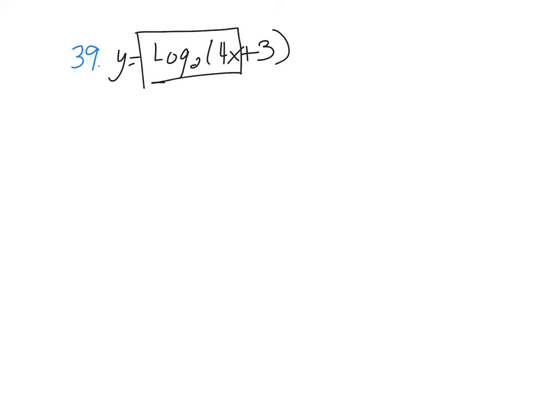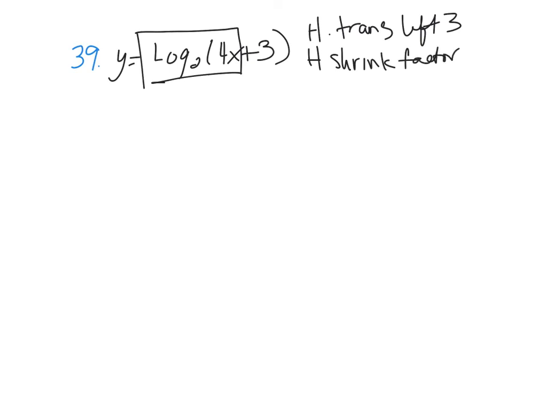Okay, now let's look at one of the log functions. I'll do 39. The log base 2 of 4x plus 3. So when I make my table, I'm going to only look at this, and I'm going to deal with the horizontal translation left 3 and the horizontal shrink factor of 1/4.